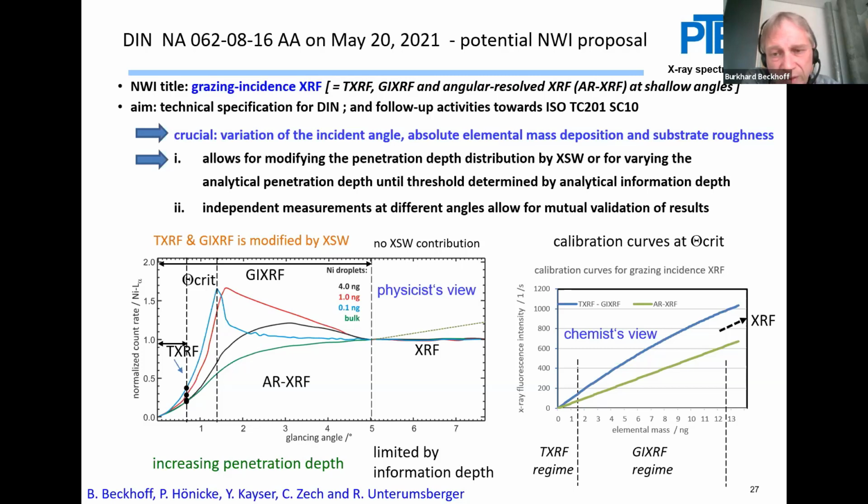And this increase is slowing down from factor 2 slightly to a factor 1 with increasing mass, and all these curves meet in an XRF dependency. This is not a measurement, this is a conceptual view of how to sort out TXRF, grazing-incidence XRF, and an angular resolved or varying angle XRF at shallow incidence.